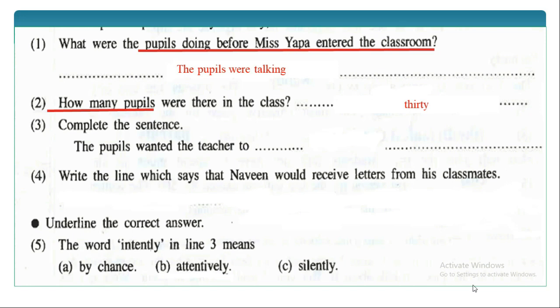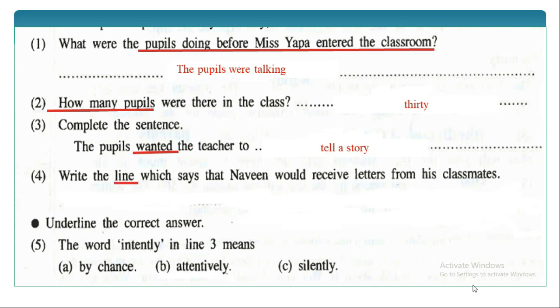30. Third one, complete the sentence. The pupils wanted the teacher to blank. What was the request from the students? The pupils wanted the teacher to tell a story. Write the line which says that Naveen would receive letters from his classmates.